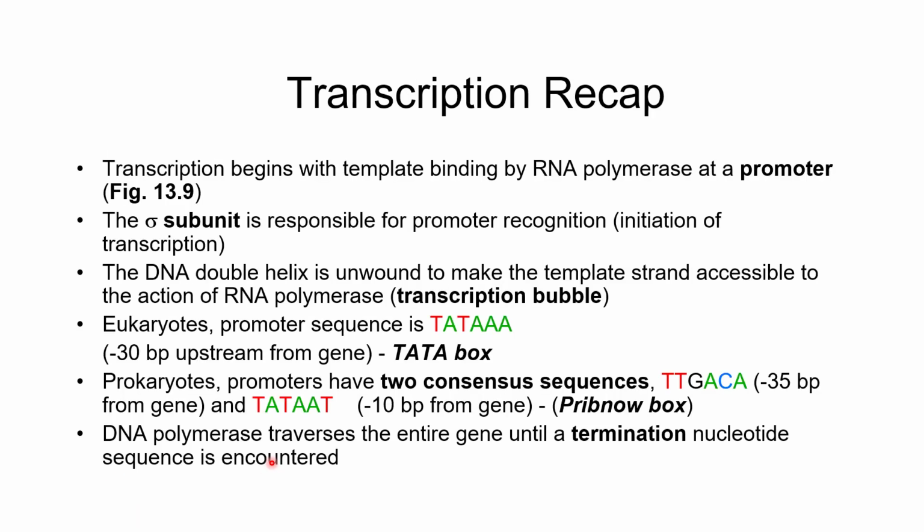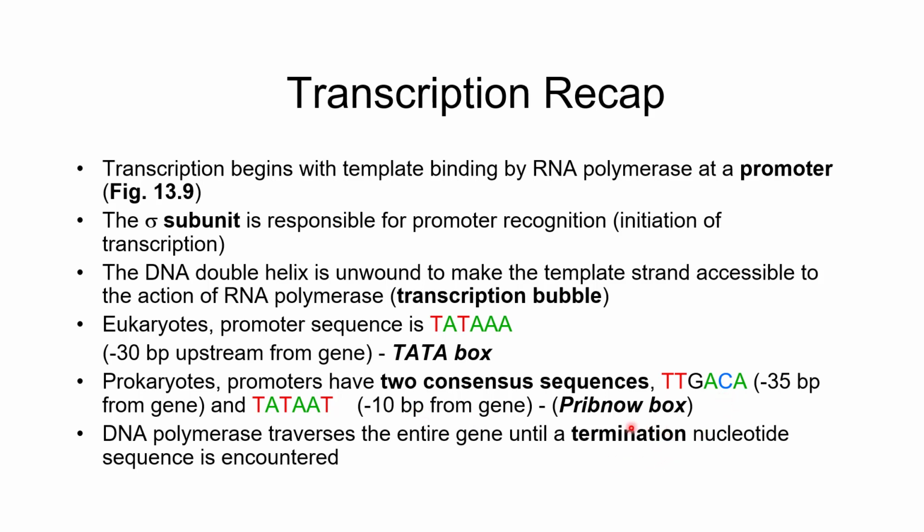So just to recap, let's go through the steps again. Transcription begins with template binding by RNA polymerase at a promoter. Then the sigma subunit recognizes the TATA box, the DNA double helix becomes unwound, we get a transcription bubble, and we start elongation. In eukaryotes, the promoter sequence is the TATA box. In prokaryotes, there are two promoter sequences.